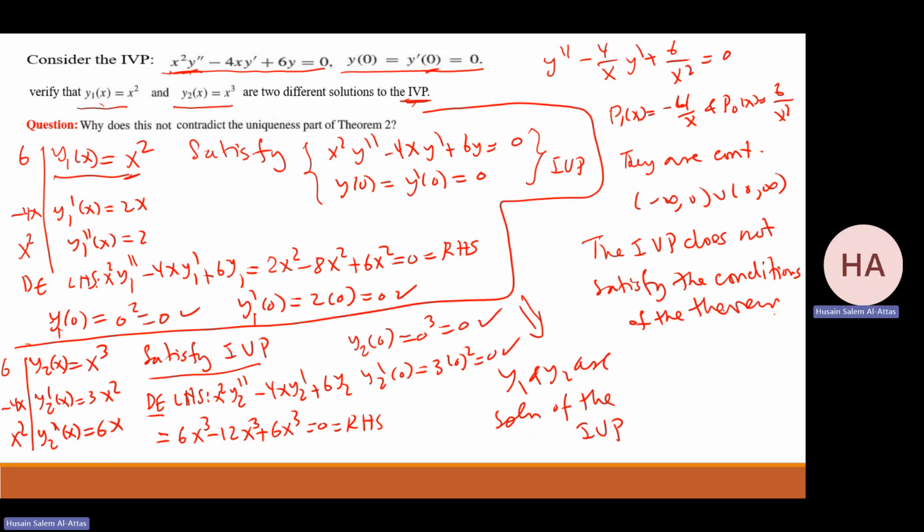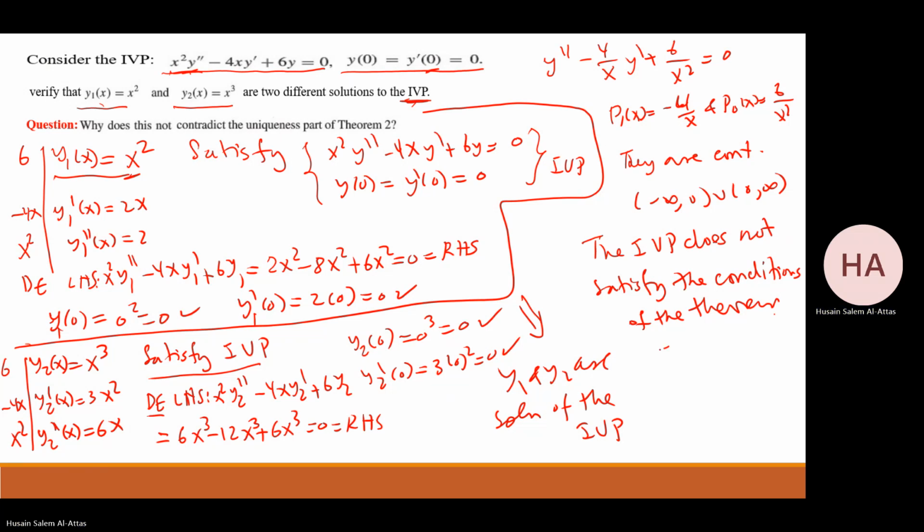Yeah, maybe this way is better. Because there is no way that I have an open interval containing 0, because the function is not continuous at 0. So we cannot apply the theorem, because with that we get two different solutions. So we cannot say that we have a unique solution for this.